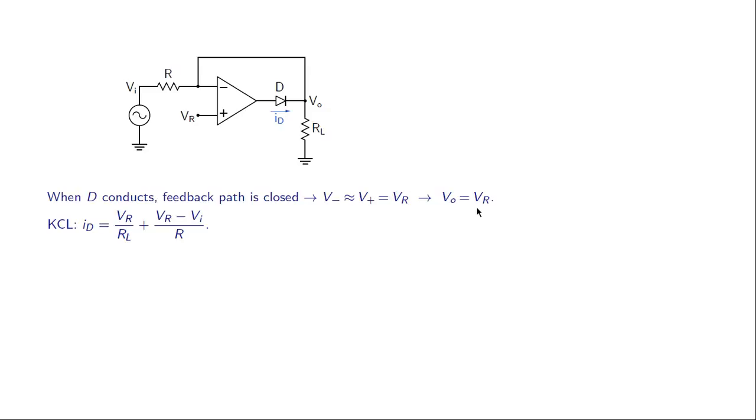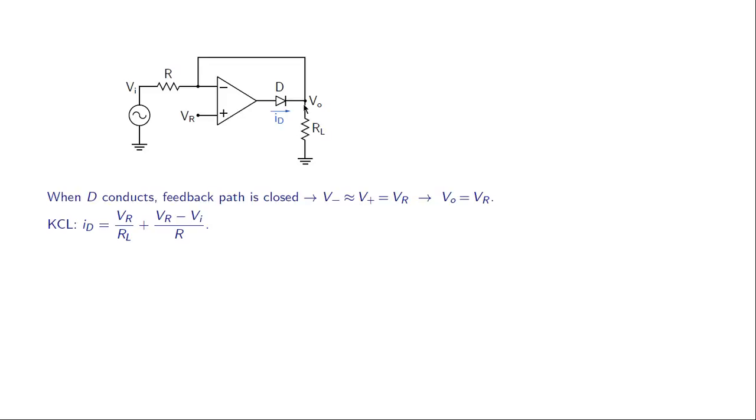To see that, let us write the KCL equation at this node. We have 3 currents here. One is ID, so that ID is equal to this current plus this current. This current is simply VO by RL, and VO is the same as VR as we saw.